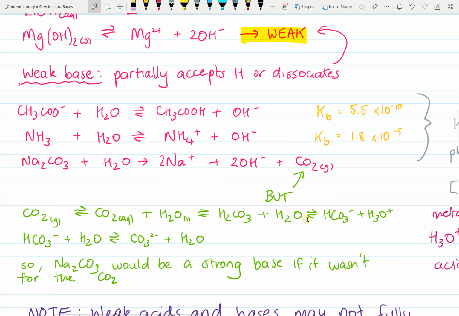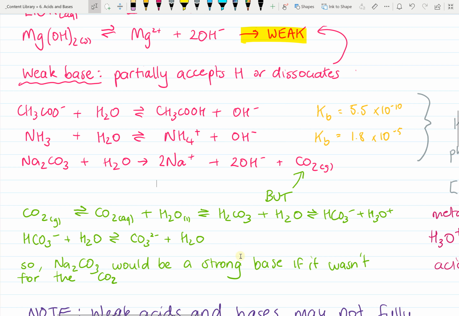Obviously, that's going to then have its dissociations, even if the Ka is quite low. Some of that will split and make the hydrogen carbonate ion and the hydronium ion, and then that hydrogen carbonate ion can further ionize into the carbonate ion. This is the chemistry of the ocean and our blood, FYI. So this is actually really important.